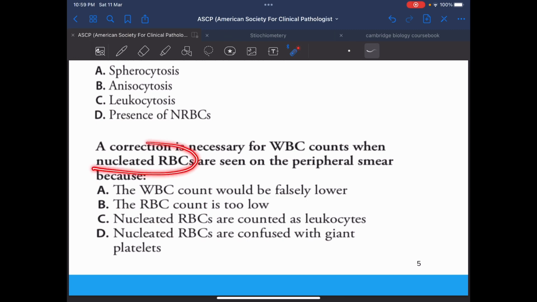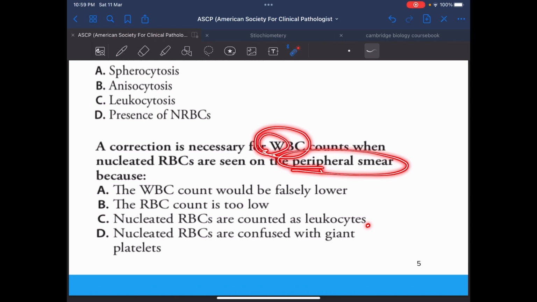When we have nucleated RBCs, the automated machine will count them as white blood cells. This means the count will be falsely high. So the blood film will help us correlate the white blood cell count from the automated machine and see whether there are nucleated RBCs or not.